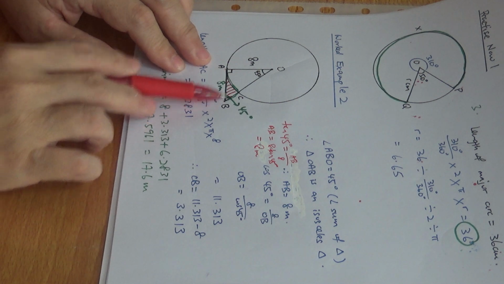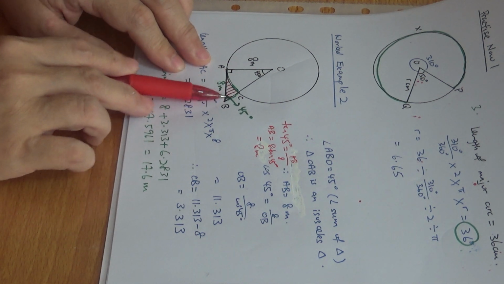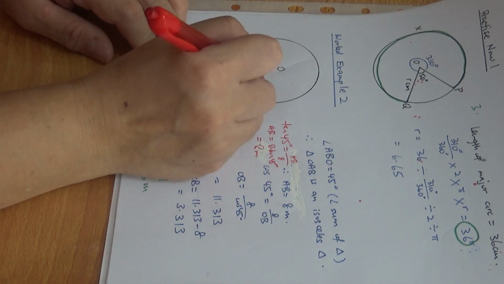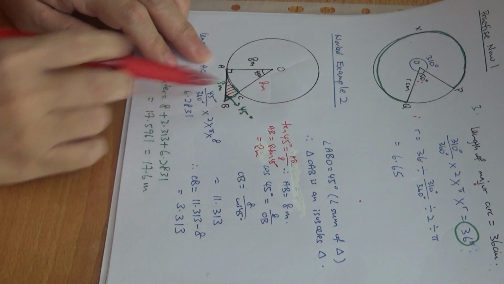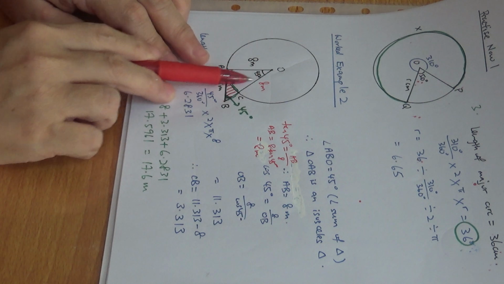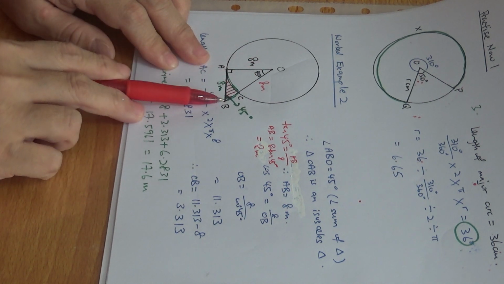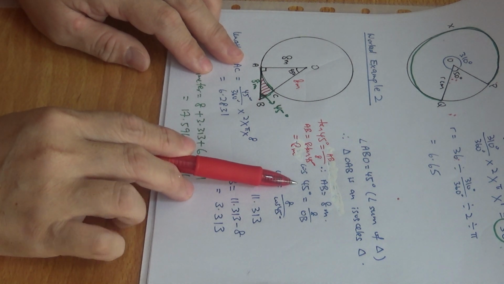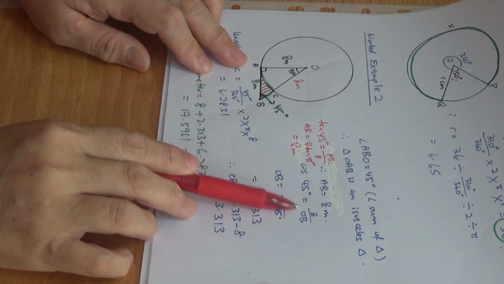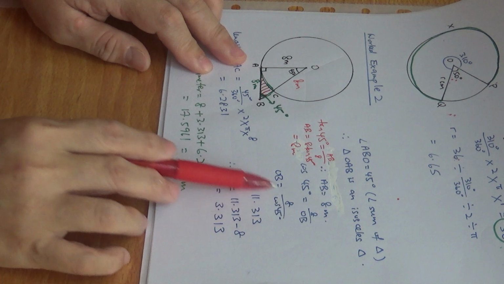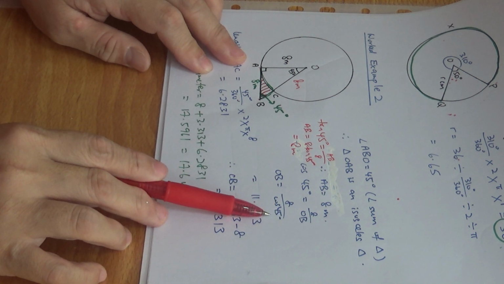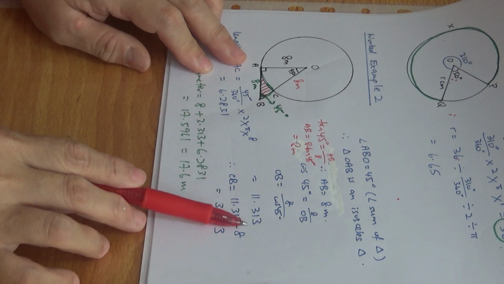Now the problem is we need to find the length CB. We know that OC is the radius and is 8 meters. So I will have to find this OB here. Now I use cosine. Cosine 45 is 8 over OB. So OB is 8 over cosine 45 degrees, and I will have 11.313.